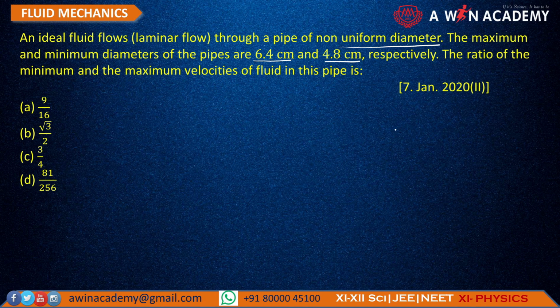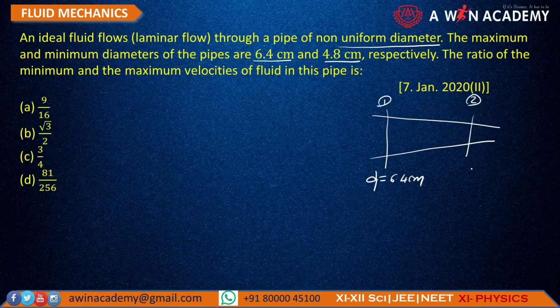So you can see that the problem data is like that. There will be a pipe and the diameter of the pipe is non-uniform. Maximum diameter, this is section 1, this is section 2. Diameter 1 is given, this is 6.4 centimeter, and the diameter of the narrow end is also given, its diameter is 4.8 centimeter.